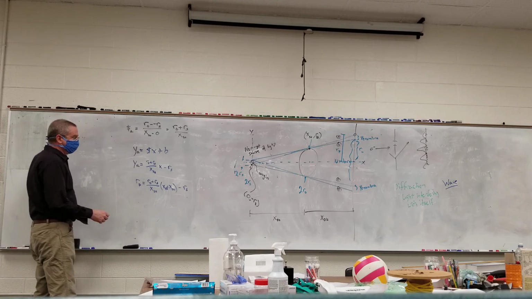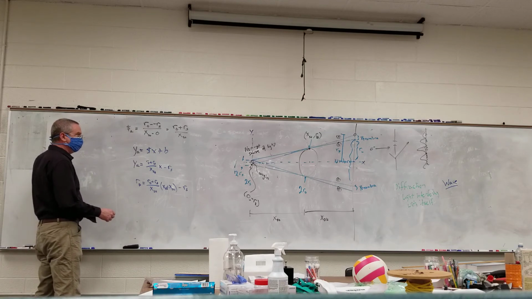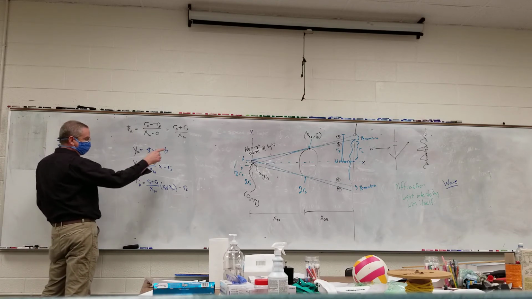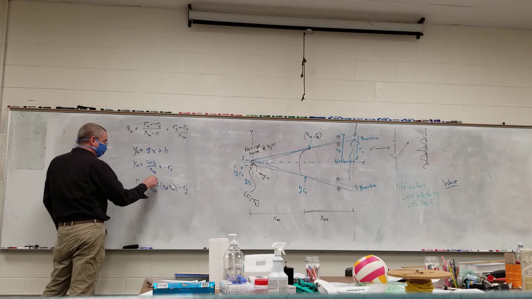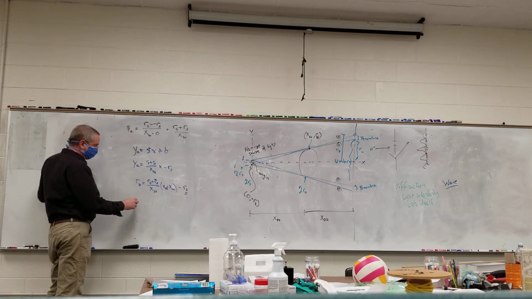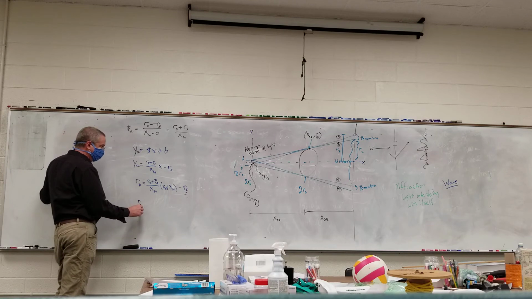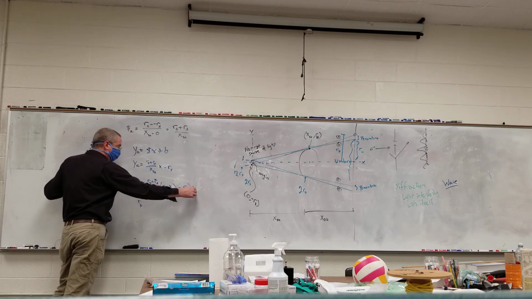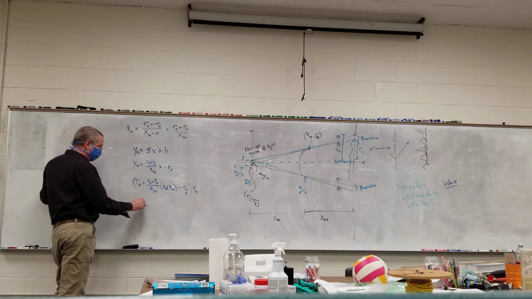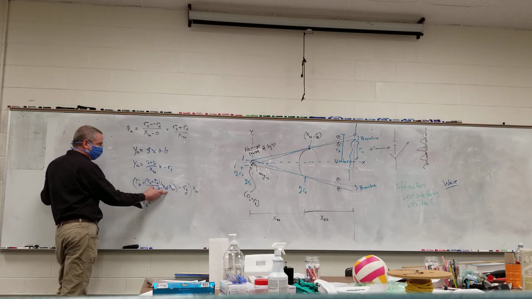Let's see, predicting the light source. So basically I want to solve for R sub S. This is what I want to solve for right here. So let's get some stuff together. I have R sub P. I'm just going to multiply everything by X sub SO, just to get rid of my fractions. Equals, now I'm multiplying 2 binomials here.